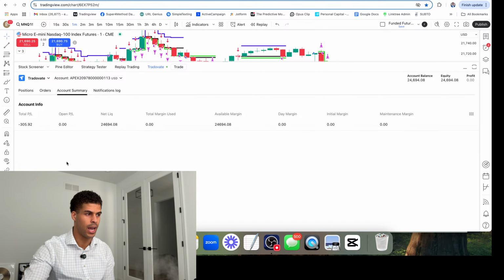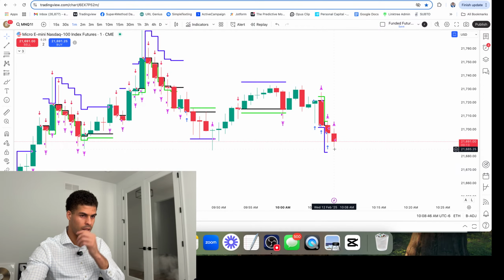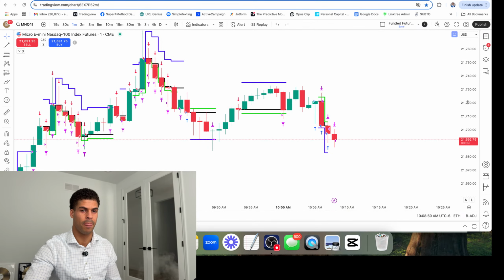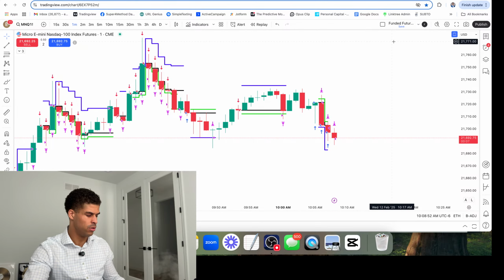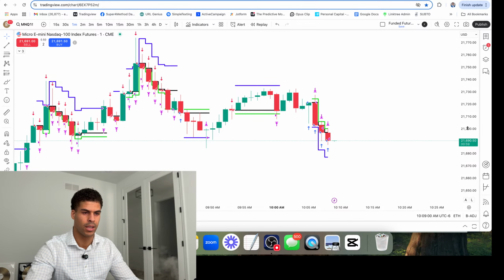Don't love that. Now we're down 305. So lost 46 bucks there. Okay, don't love that. But okay, we saved ourselves from hitting a stop potentially. Not a huge fan of that though. I would love if I could get that corrected. I'll figure it out. Long position here.